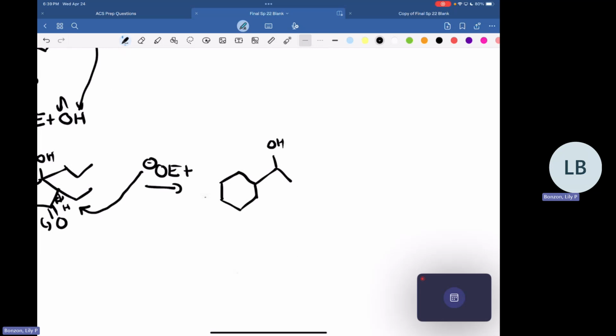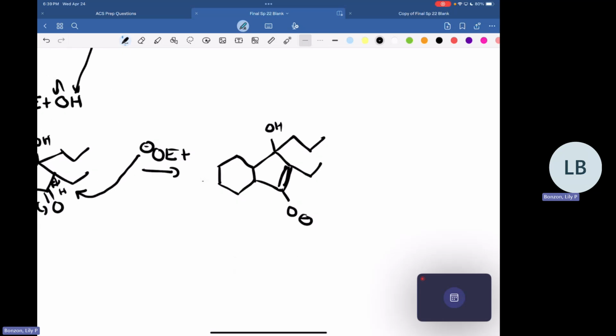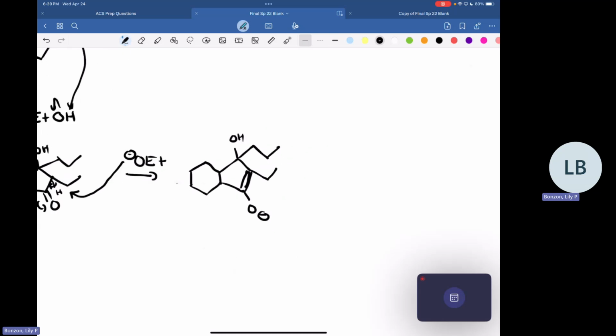So we've got our OH. All right, so we've got our double bond there and our enolate anion.